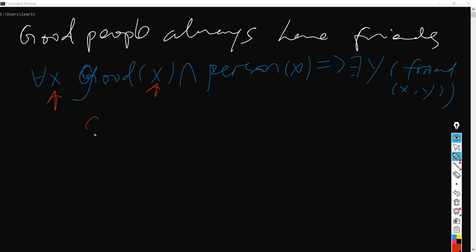However, if you have something like good person, then this whole parameter will change accordingly to the person, and this will be the second order logic.